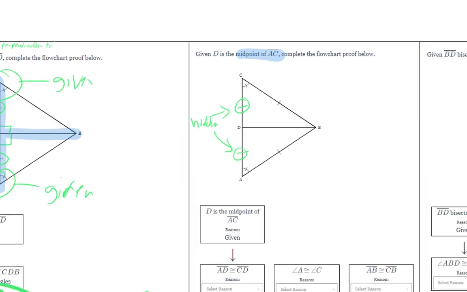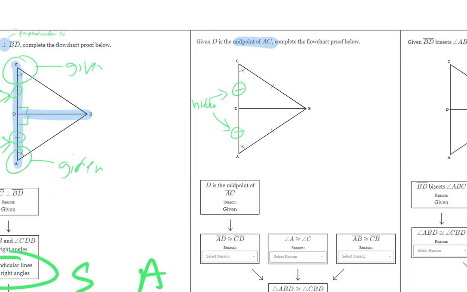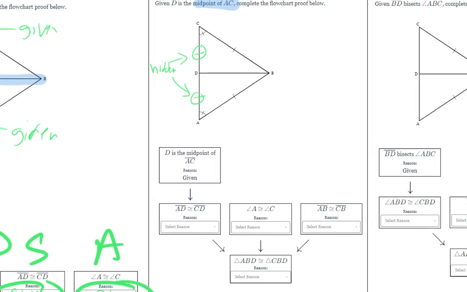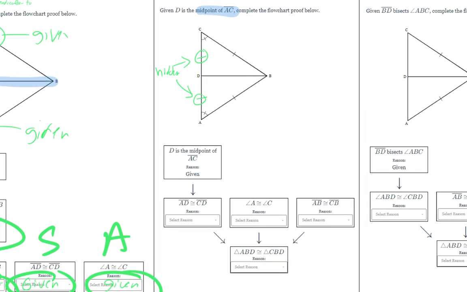Well, we know that D is the midpoint of AC, because that's given to us. They tell us right over here. AD is congruent with CD because that's the midpoint.